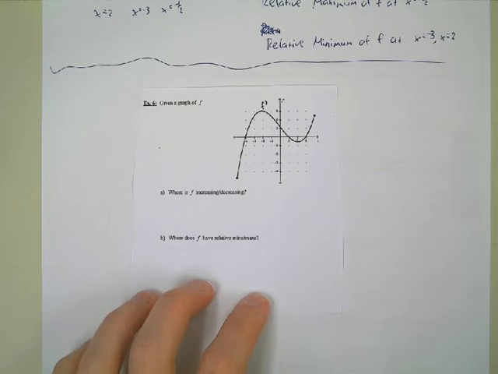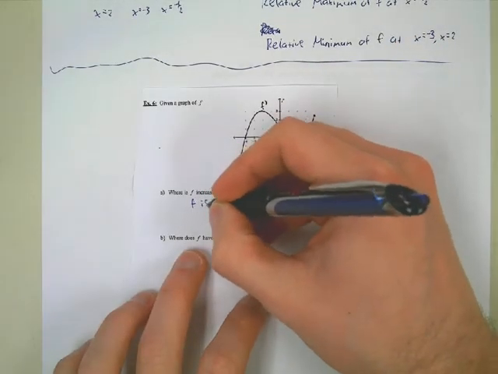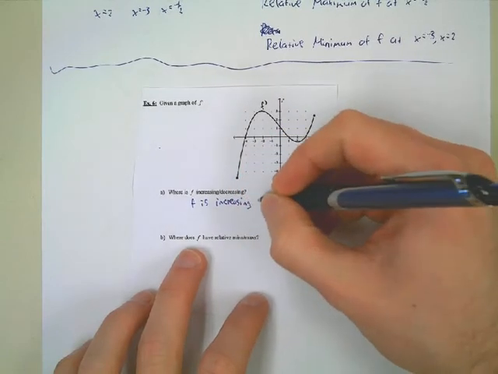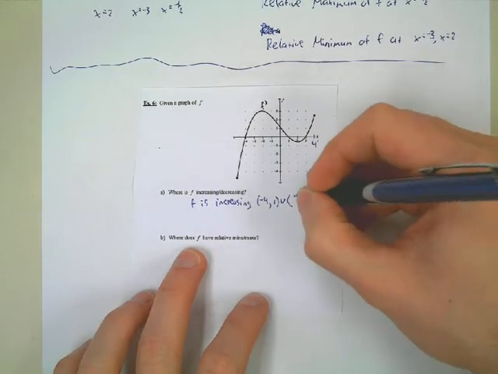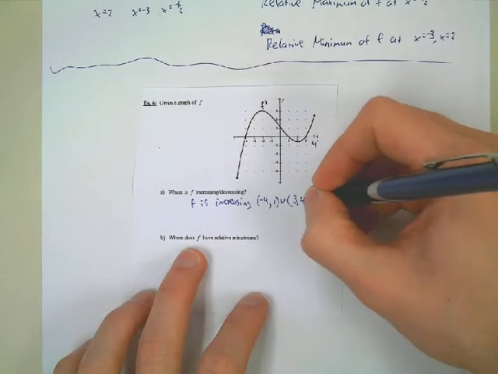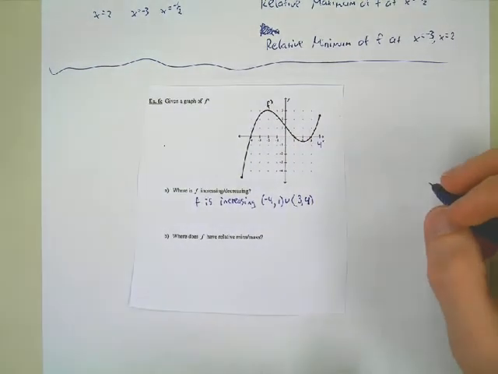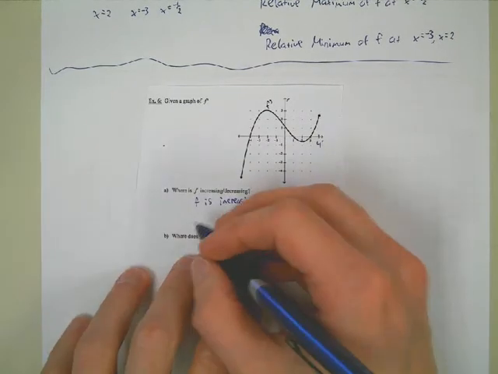Okay. So F is increasing from -4 to 1 union 3 to 4, because F prime is positive on that interval. Okay, F is decreasing, and we'll say the other one's -5.